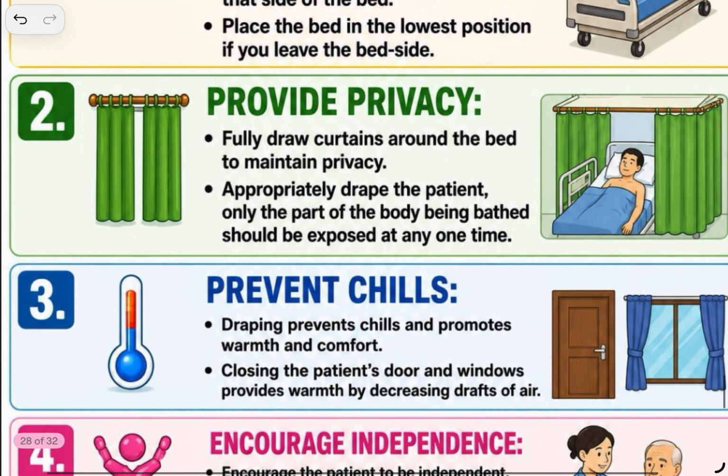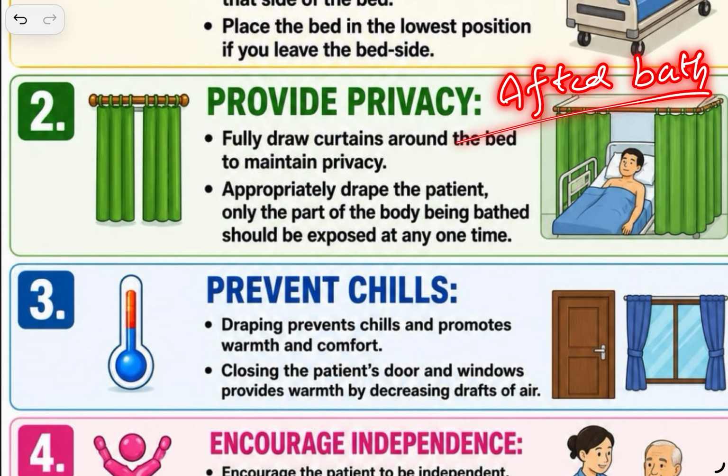Next one is, provide privacy. You should draw the curtain all the way. When you are draping, only expose the part being bathed. This is after the bath, this is the post-procedural part, okay.